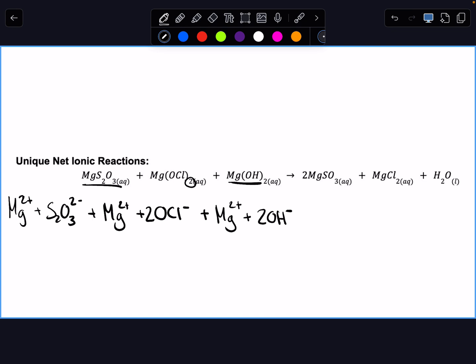So I'm just breaking down all the aqueous substances into their individual pieces. It's a big puzzle, break it apart. All right, drawing my arrow. Got another magnesium. Now notice if there's a number in front, keep that with it to maintain the balance. And then we're going to have 2 SO3 2 minuses.